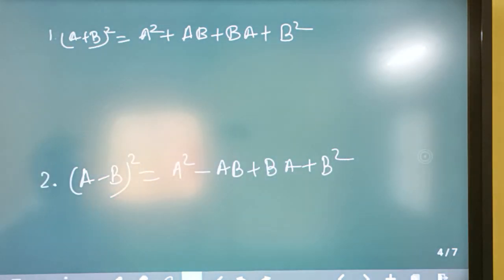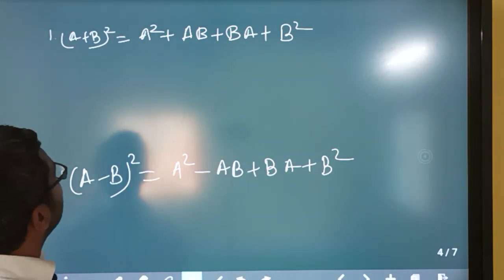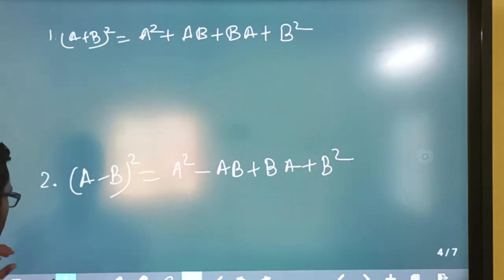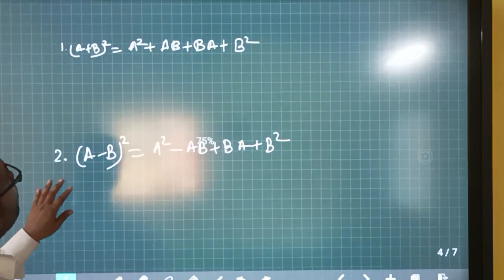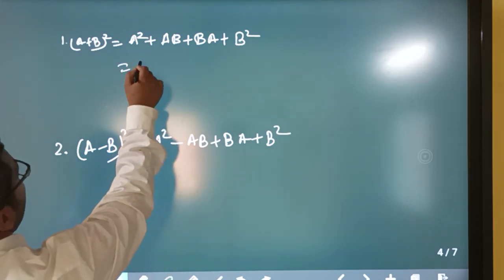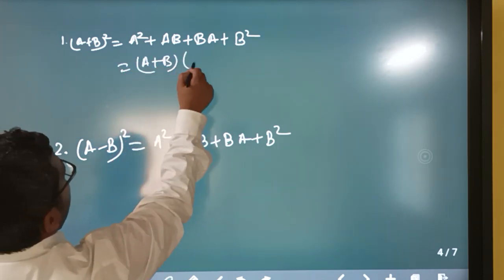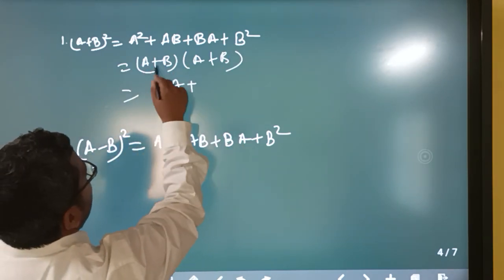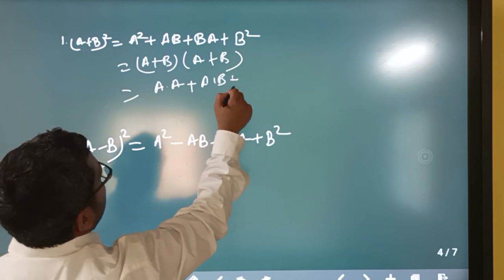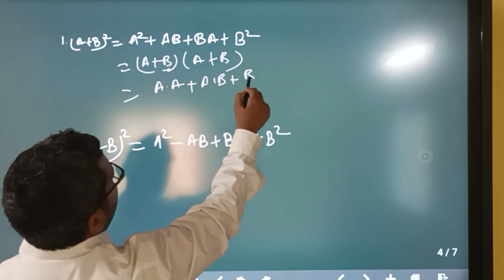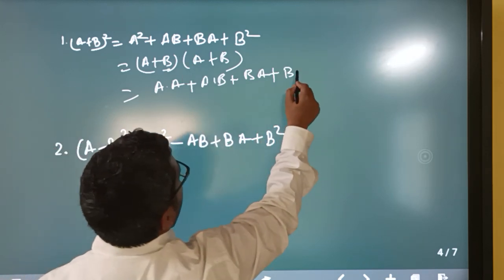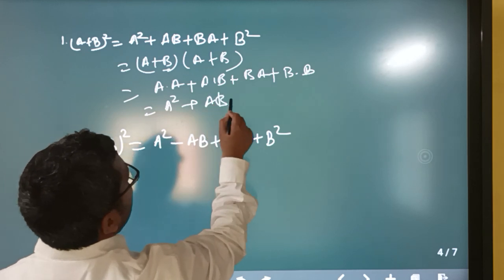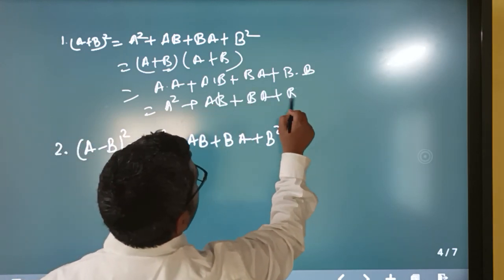Next, A plus B whole squared. We put the value of A plus B into A plus B, that is A dot A plus AB plus BA plus B dot B. That is A squared, as we know earlier, plus AB plus BA plus BB.